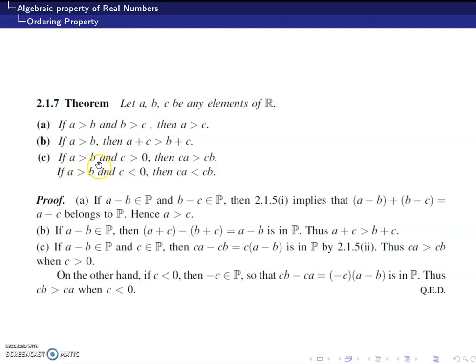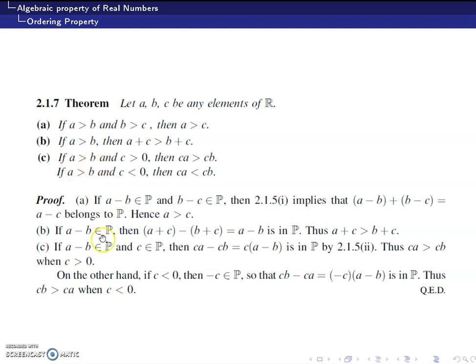If A greater than B and C greater than 0, then CA is greater than CB, which means that if we multiply a positive real number on both sides of an inequality, the inequality does not change at all. So let's prove this.